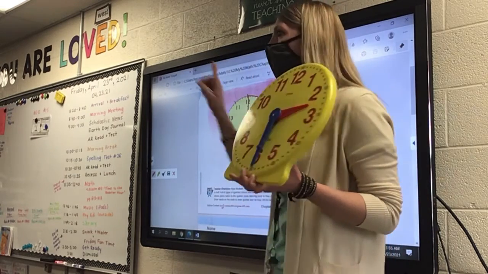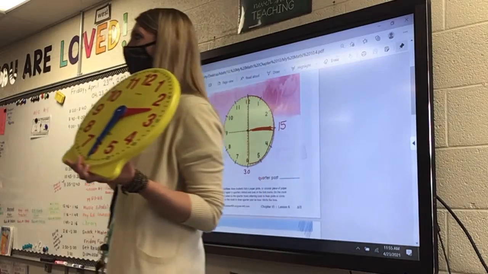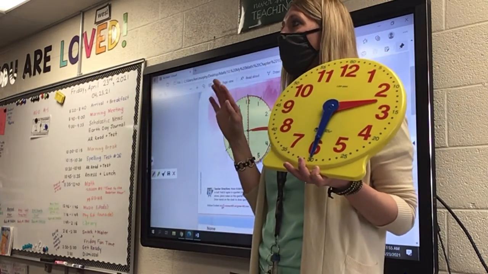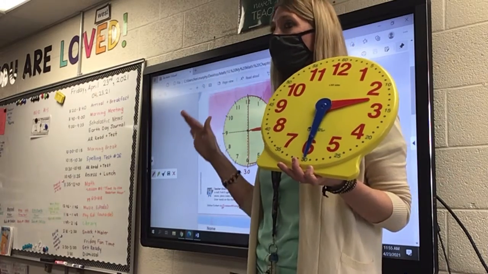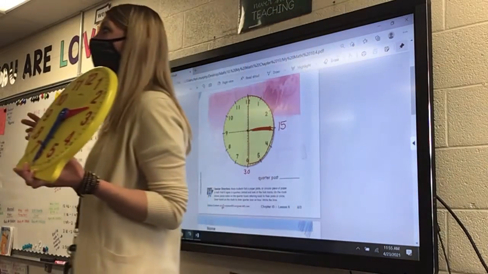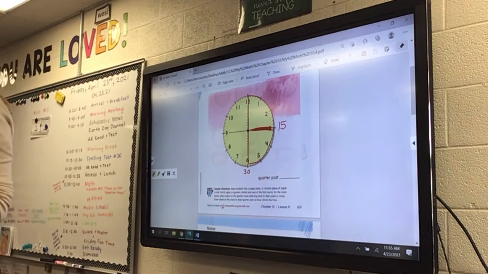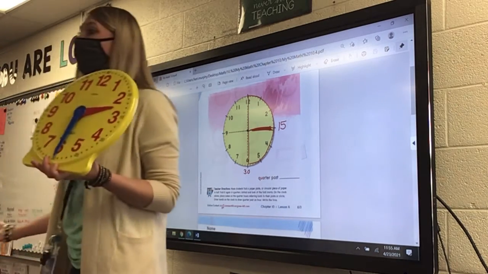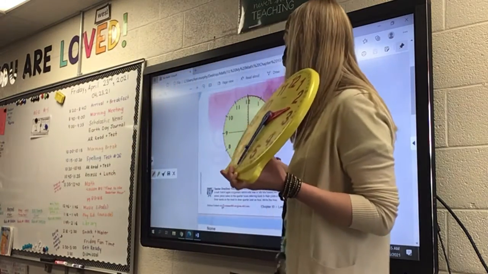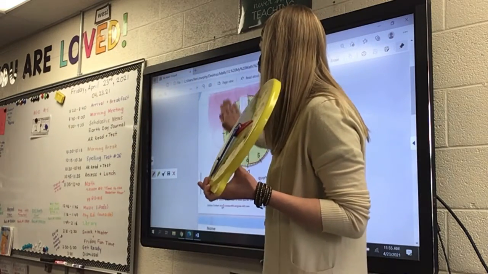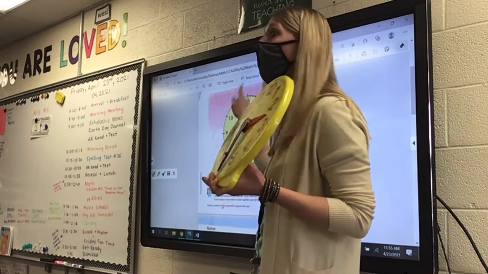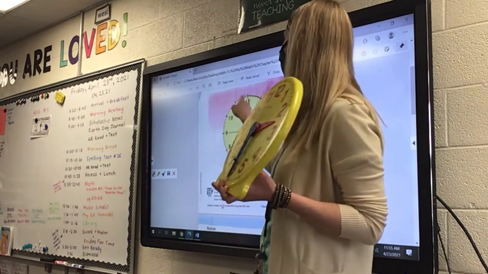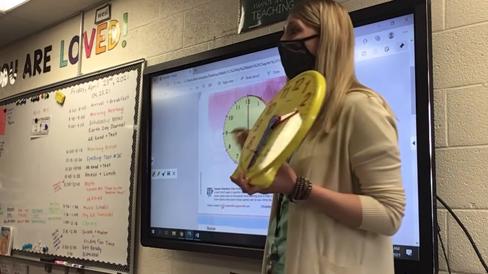Now, everybody look up at my flower clock up there. When you see the 3, and you look at the petal next to it, all those petals are for the minutes. When you look at that petal by the 3, Aria, what number is there? 15. Good job. So, if my long minute hand is pointing at the 3, I know that it's gone a quarter after the hour.